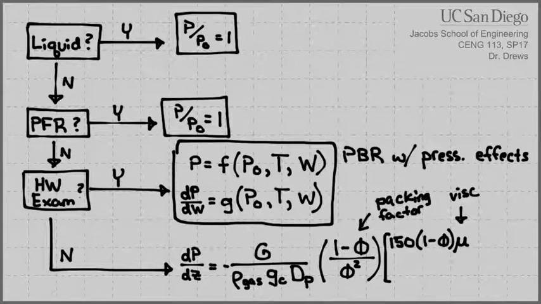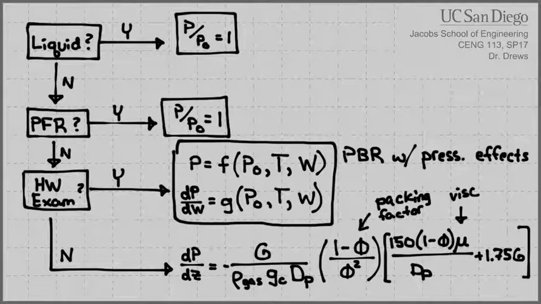And then the term in the denominator here is the diameter of the particle, plus 1.75 times this parameter g, where again g is related to the mass flow rate, but I'm going to let you look at the definition in the book to figure out how you relate it.